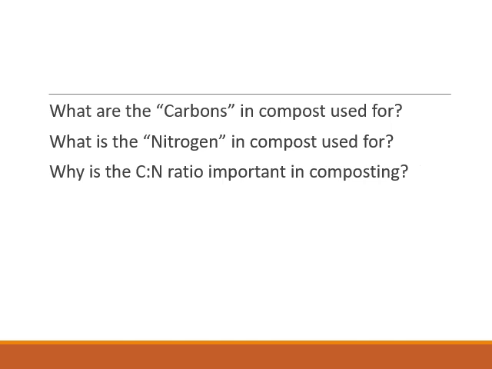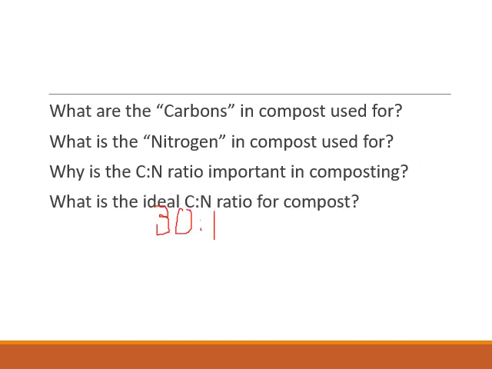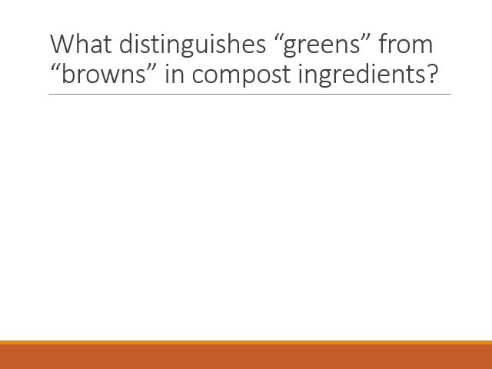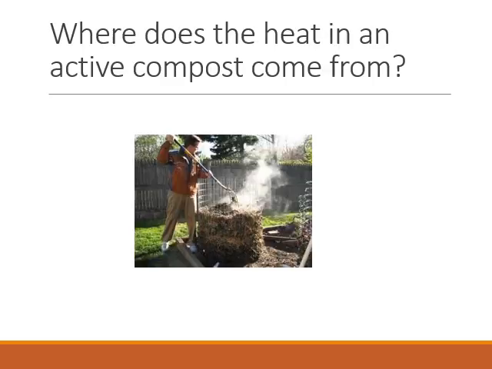So it's important to get that ratio, and it is roughly 30 to 1. What is the ideal carbon-nitrogen ratio? 30 to 1. What distinguishes greens from browns in compost ingredients?